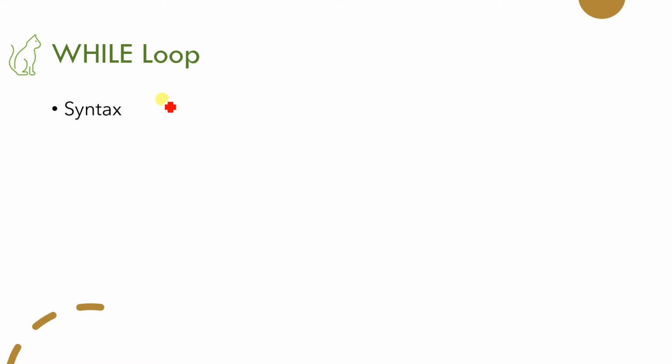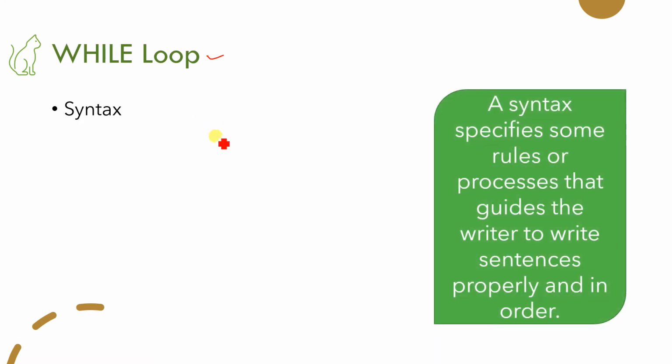So, the while loop. First of all, let us understand the syntax of writing a while loop. What do we mean by syntax? For example, you are a writer of the English language. The syntax says the way you write a sentence in English. Similarly, when we are going to write a while loop, the rules and regulations that we follow to write that while loop are known as the syntax of that while loop.